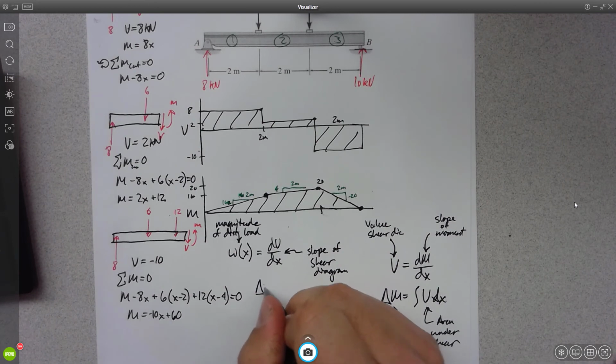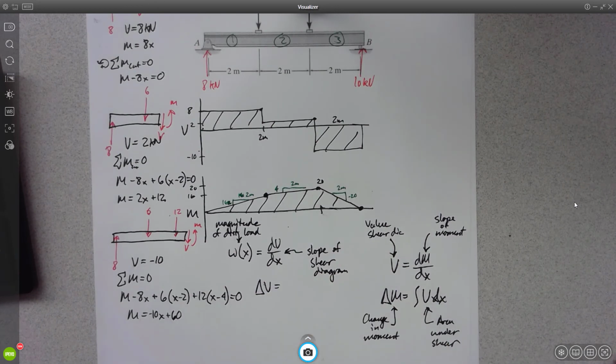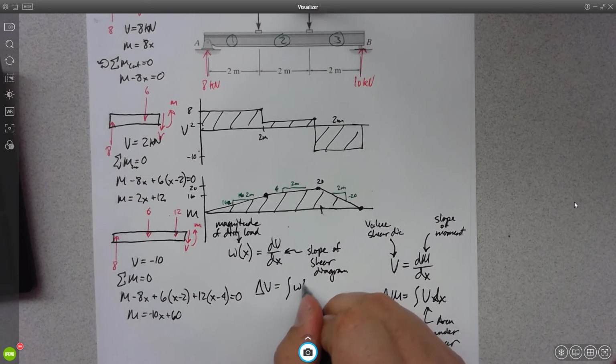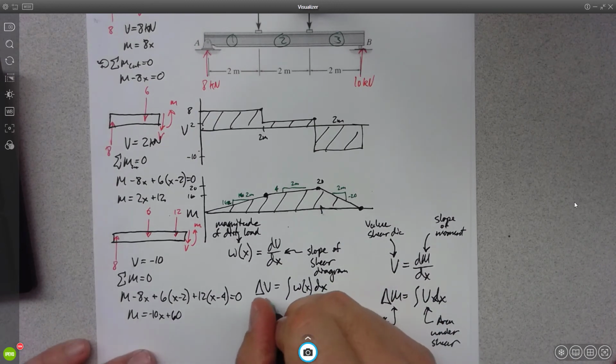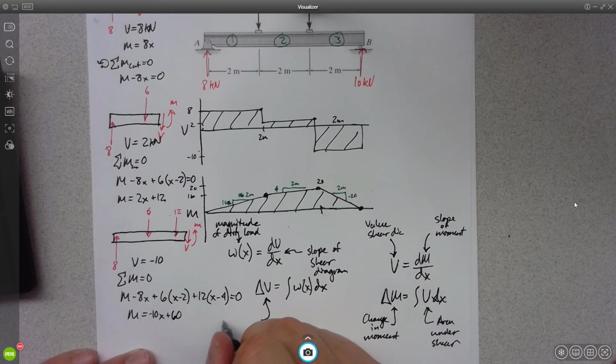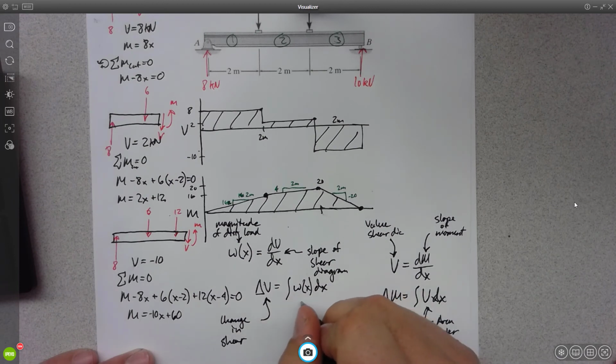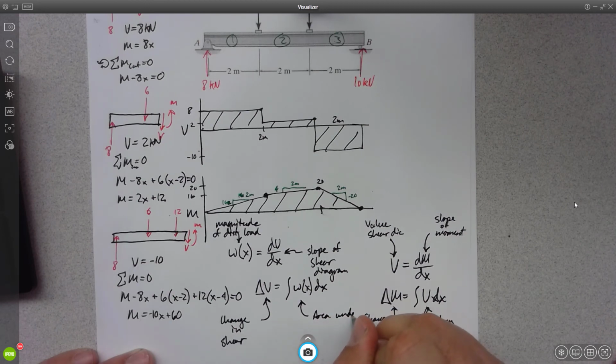And the change in the shear is equal to the integral of the load curve. Or the area under the load curve.